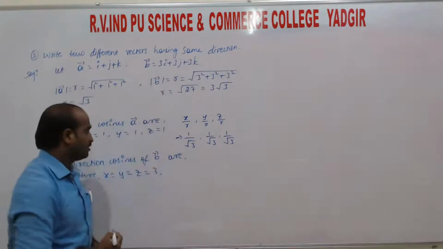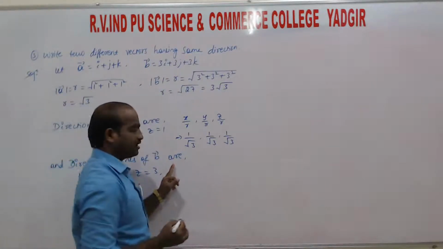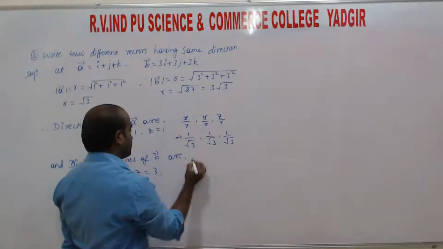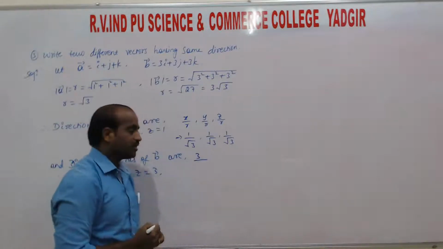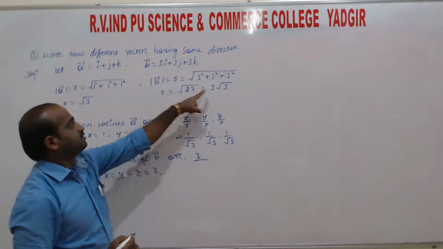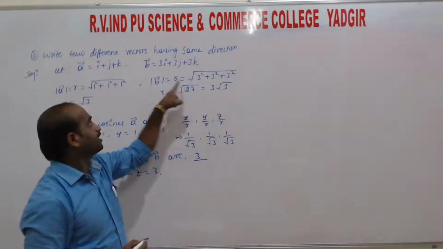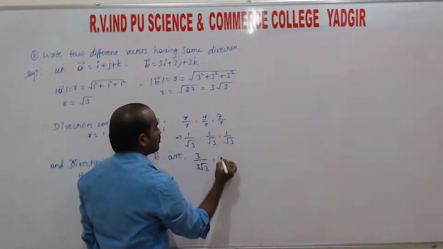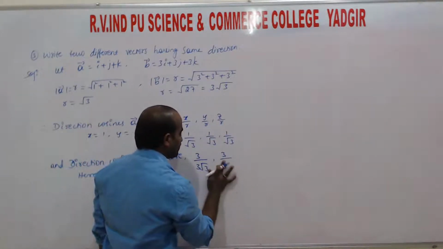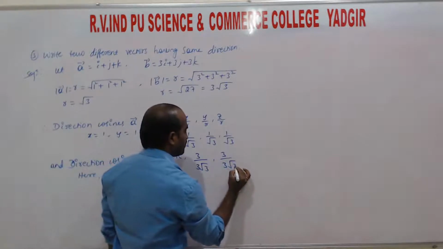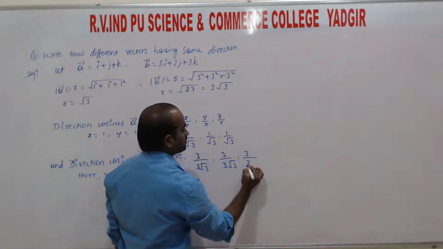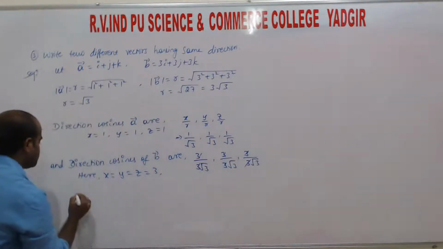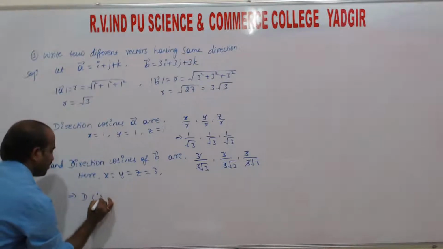Now direction cosines of b vector are x by r, y by r, z by r. x is 3, and r, the magnitude of b vector, is 3 root 3. So 3 by 3 root 3, same for y by r, 3 by 3 root 3, and z by r, 3 by 3 root 3. The 3 gets cancelled.